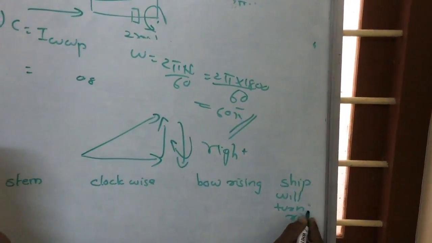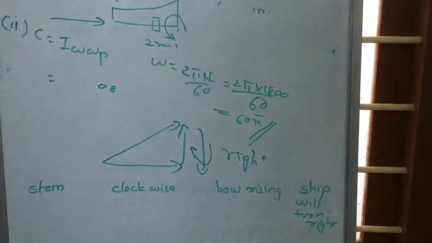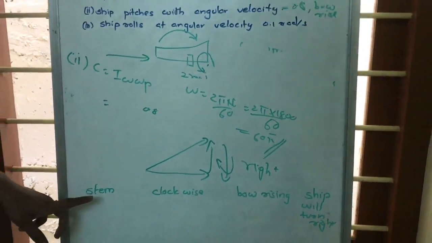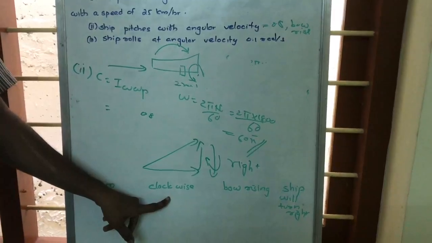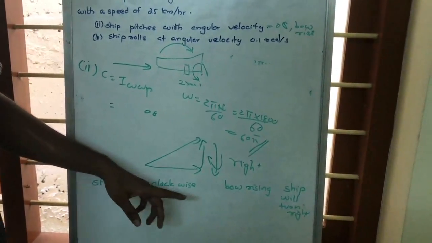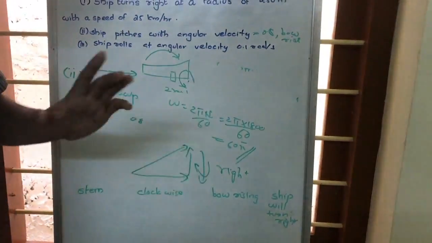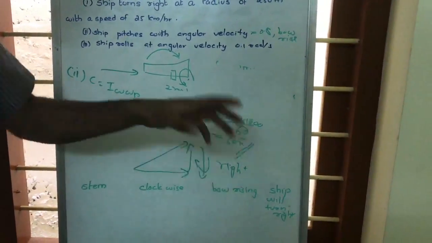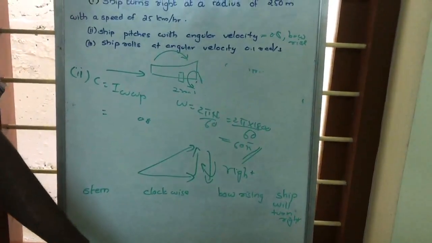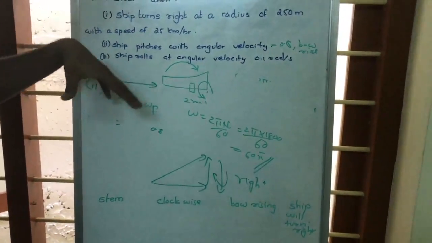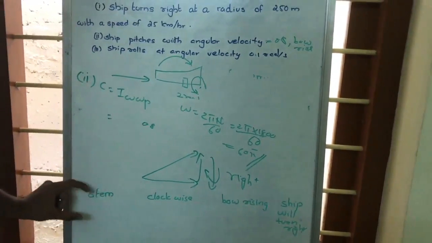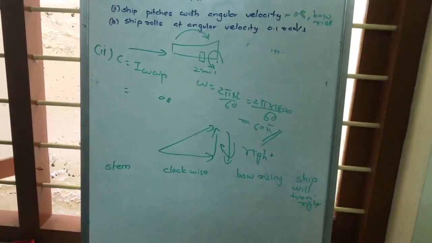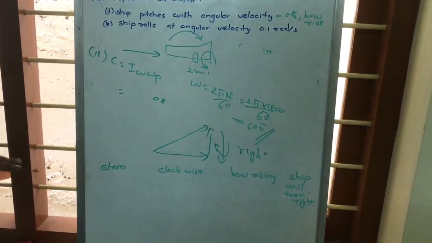This is exactly opposite to the first case. So here we are looking from the stern side, and the propeller or turbine is rotating clockwise, and if the bow is rising, the ship will turn right, and if the bow is lowering, or say the stern end is rising, then the ship will turn left. So by this single table we are able to solve the effect.